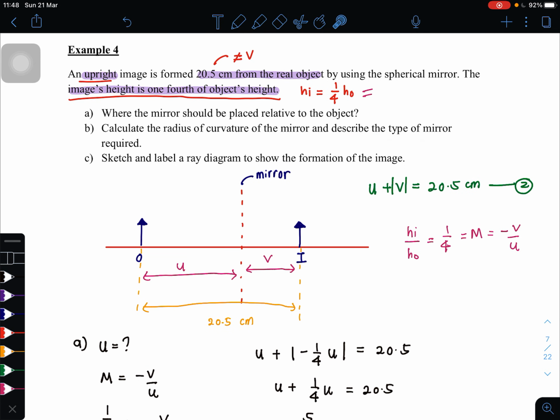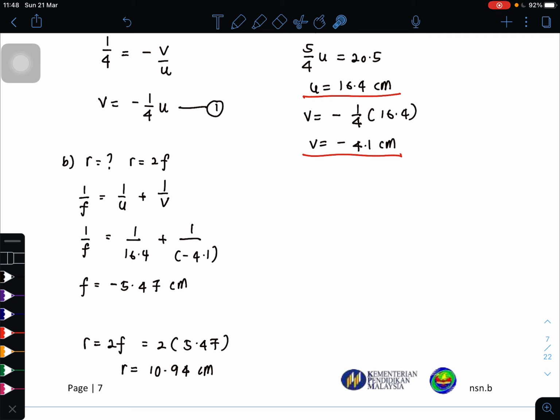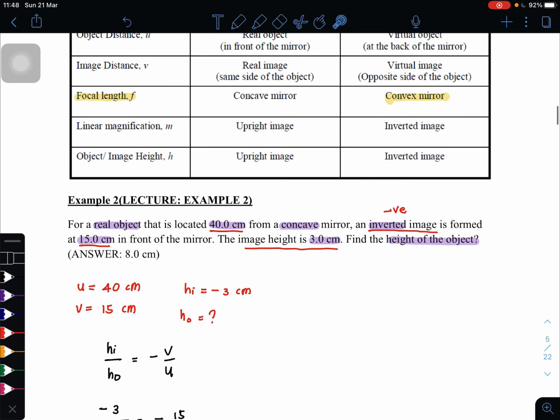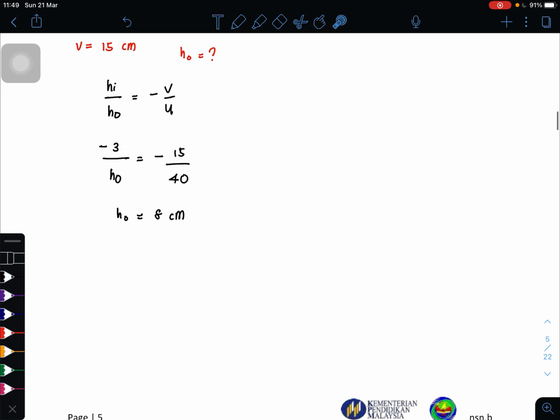So how we determine the type of mirror is by looking at the sign convention of F. Here for F we get a negative value, right? According to the table, if we see here, we have focal length and then we have negative. So negative means that we have a convex mirror.